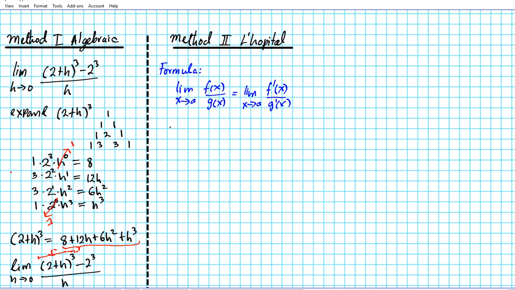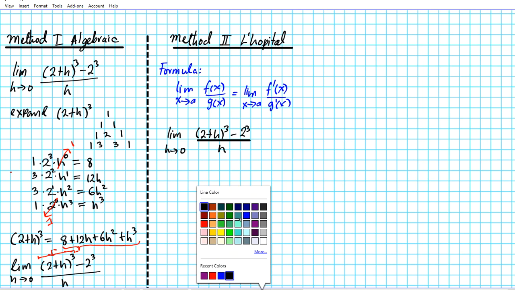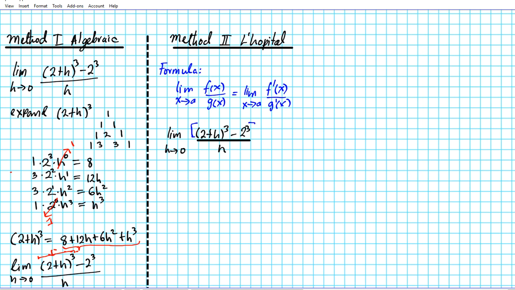We were originally looking for the limit as h approaches 0 of (2 plus h) to the third power minus 2 to the third, divided by h. Since this was indeterminate, we're going to apply L'Hopital's rule, and what we're going to do now is basically differentiate the numerator separately and then differentiate the denominator and then evaluate the limit again.